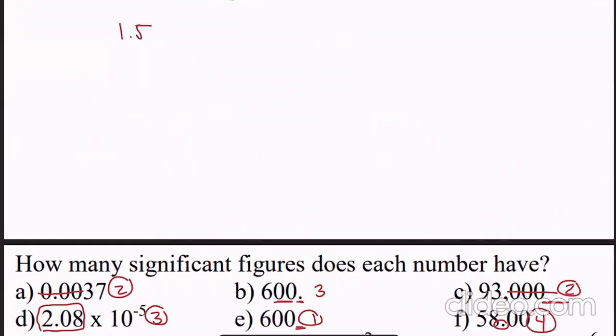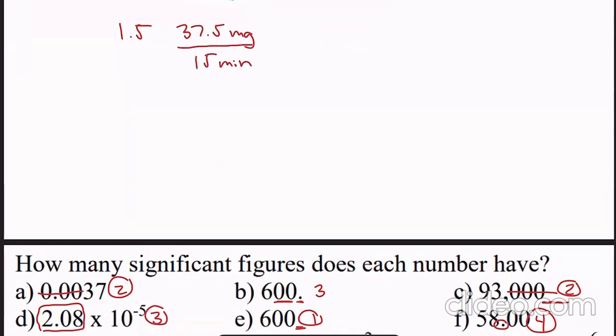Homework problem 1.5, and I'm going to read it. A physician has ordered 37.5 milligrams of some drug over 15 minutes. That's kind of like saying per 15 minutes, right? So I'm going to put that over 15 minutes.